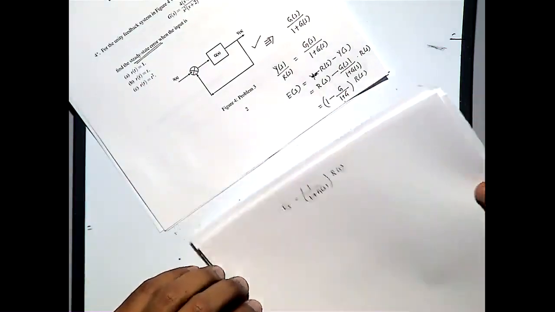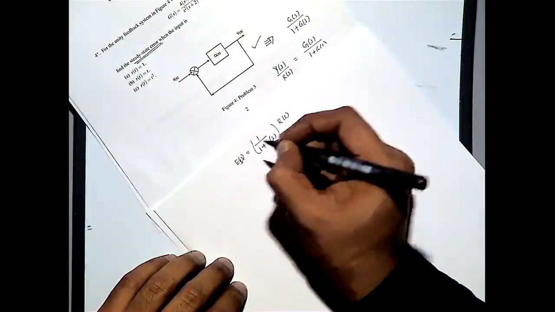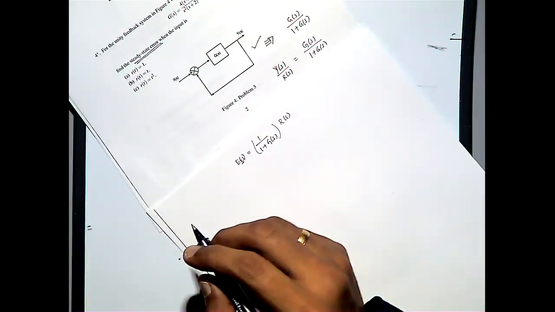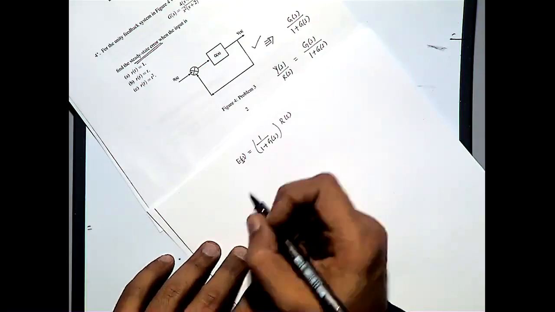So this will be the transfer function of the error. So what we need is to find out the steady state error.